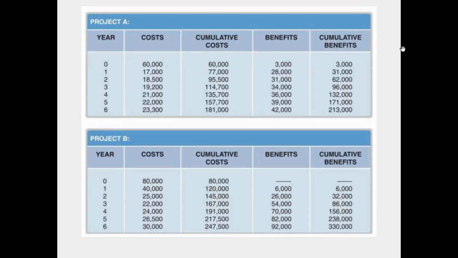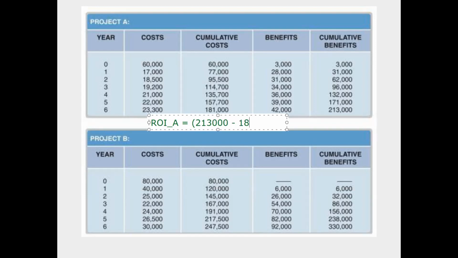Now, let's say ROI, return on investment, for project A. To calculate the ROI for project A, we have to first get total benefits, that is 213,000.